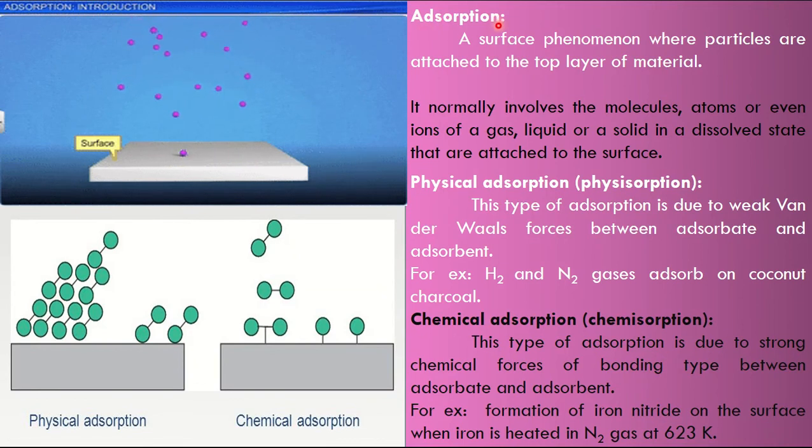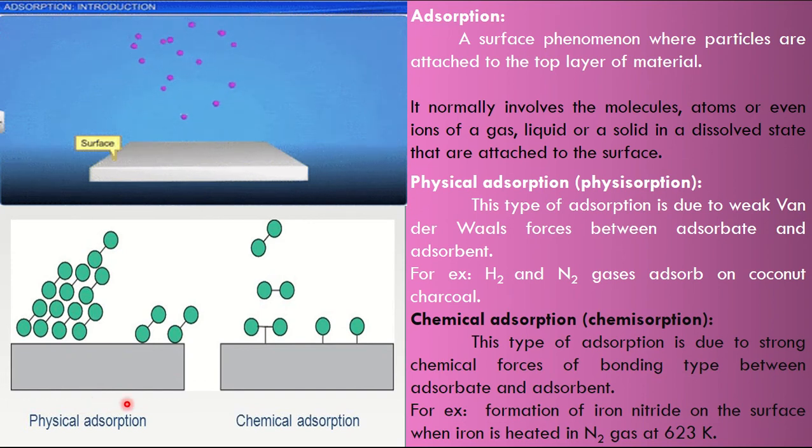Adsorption. Adsorption is a surface phenomenon where the particle adheres at the surface of the material. It won't go inside the material. Adsorption is again classified into physical adsorption and chemical adsorption.